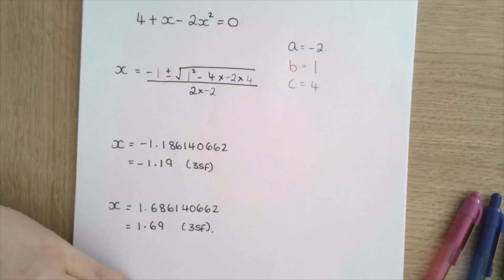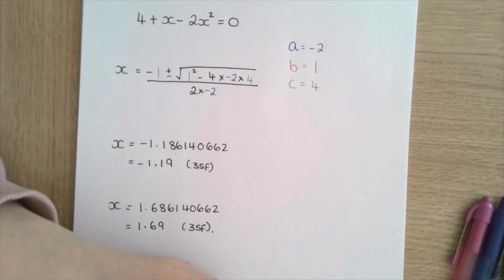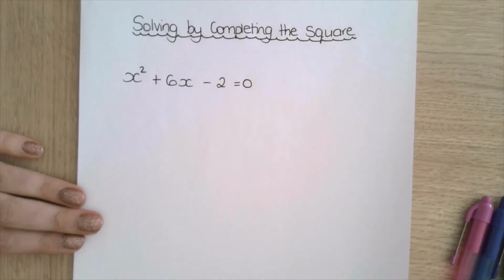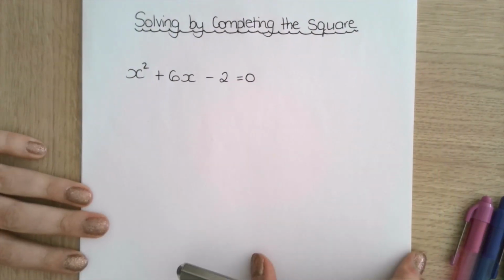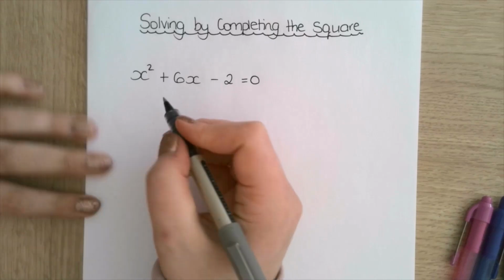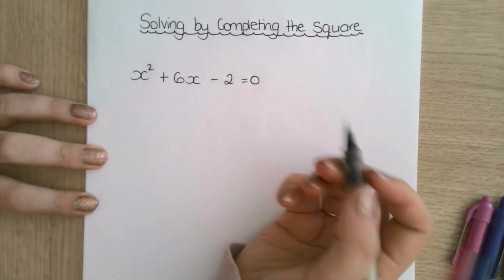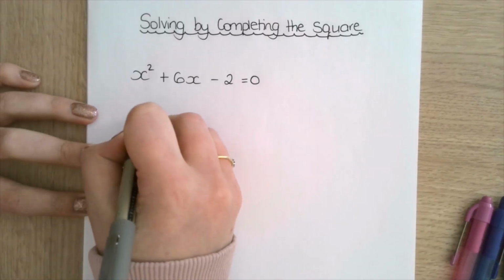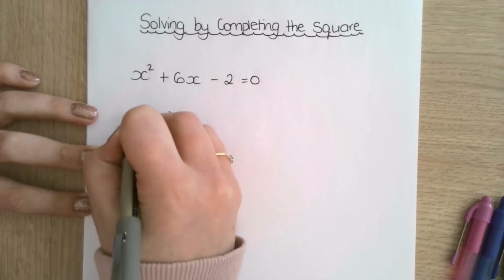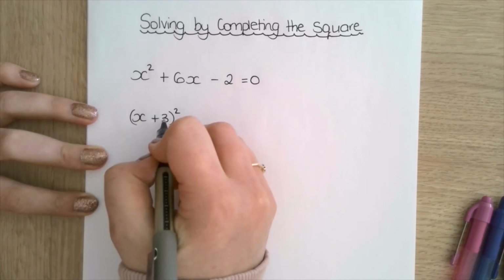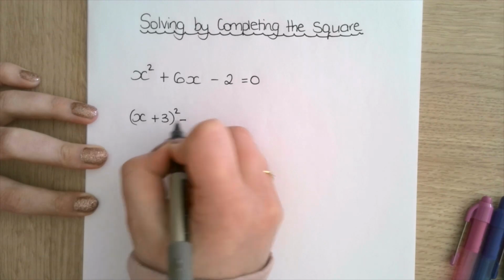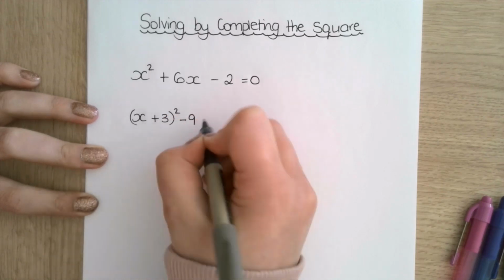Okay, finally solving by completing the square. So I have x squared plus 6x minus 2 equals 0. So complete the square on this first of all. I'm going to end up with x plus 3 all squared, because the 3 comes from half of this number. Take away 3 squared, which is 9.